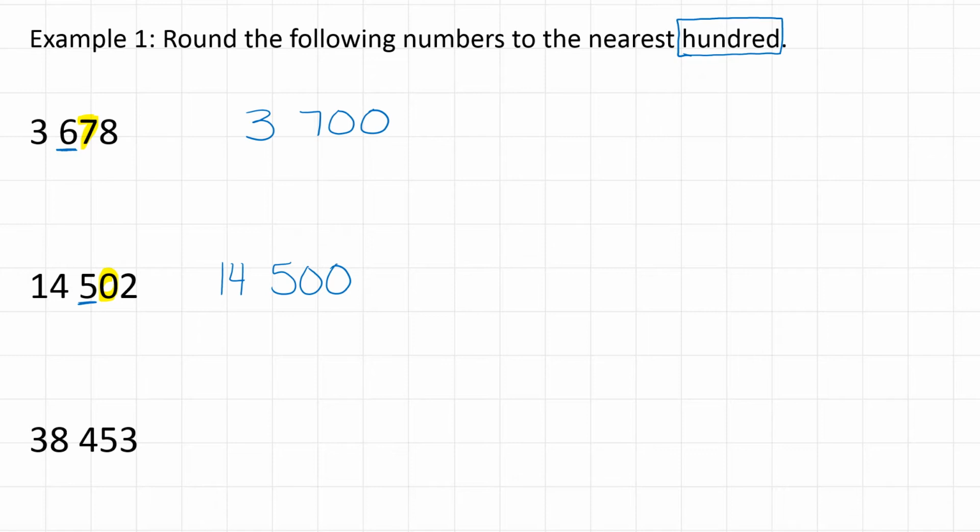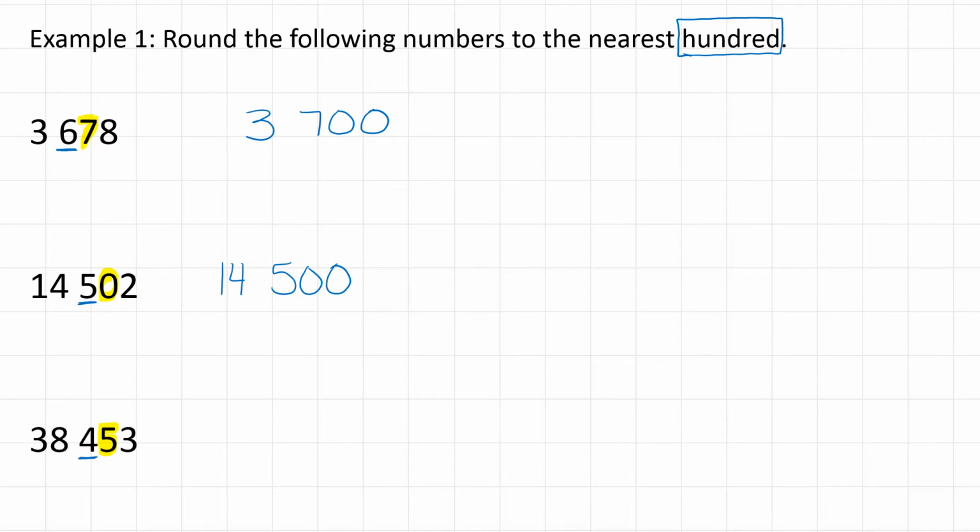So we want to round 38,453. So once again, I'm going to underline the hundreds place value. I'm going to look to the right one digit, and I notice it's 5 or more.